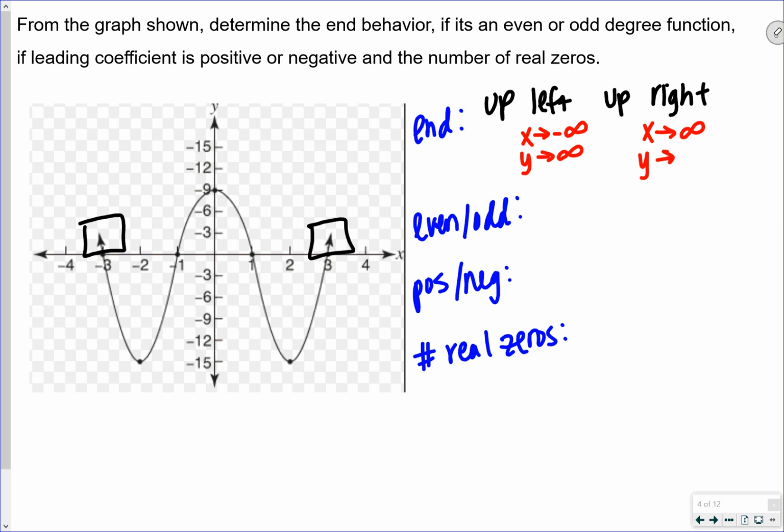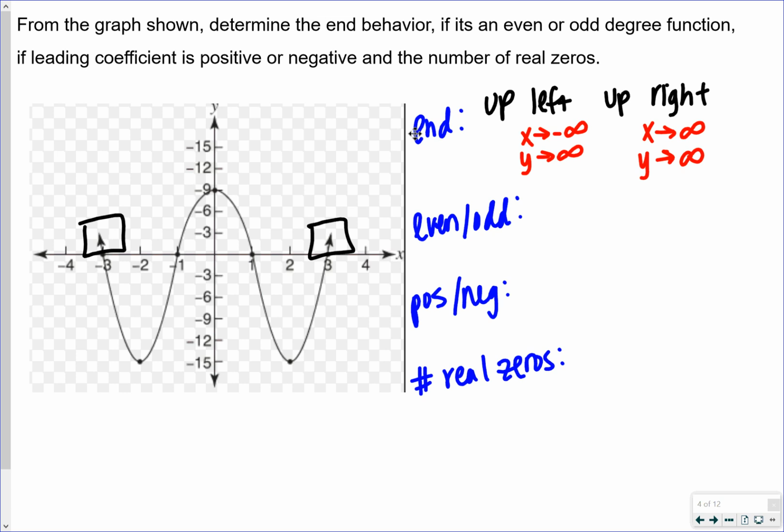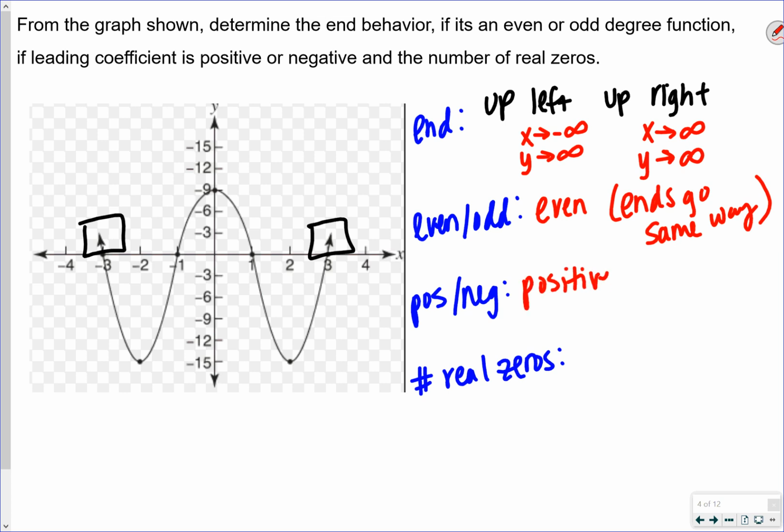So separating left and right x's and up and down for the y. Since my ends are going in the same direction, I know I must have an even degree polynomial. And since they're pointing up, I know that it is a positive number in front.